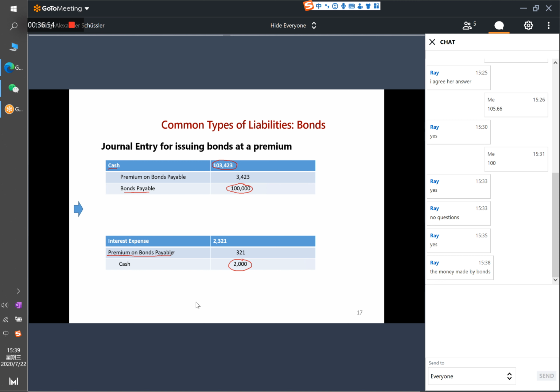Yeah, comes from the premium. The bond is issued at a higher price. So you debit interest expense and you debit premium on bonds payable, and you credit cash.